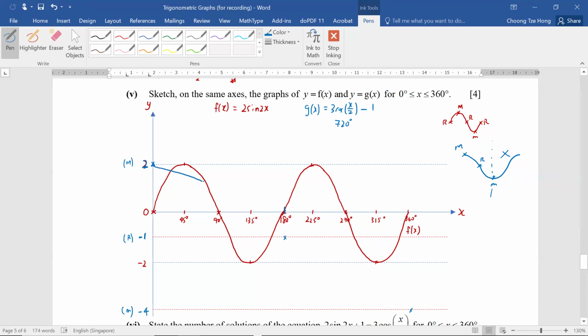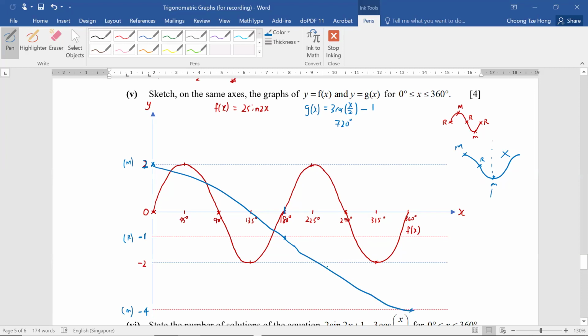This graph is a bit hard to draw. Go here, then from here it starts to curve down. Something like this. This part could be a bit smoother. Let me try to draw. Let me try again. It's a bit hard to draw this thing. Okay, something like this.